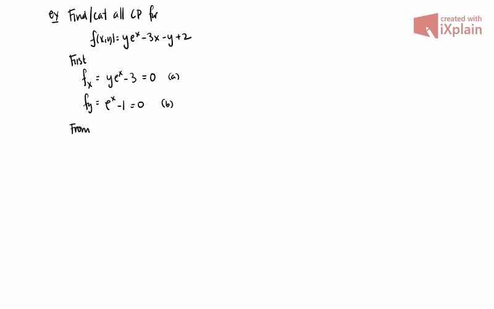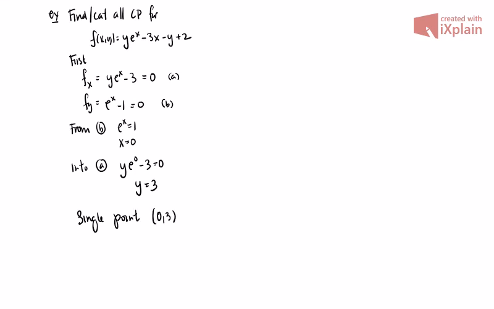So it's certainly easier in this case. We get e to the x equals 1, so x is 0. If we put that into the first equation, we get y e to the 0 minus 3 is 0, so y is 3. So we get a single point, (0, 3).